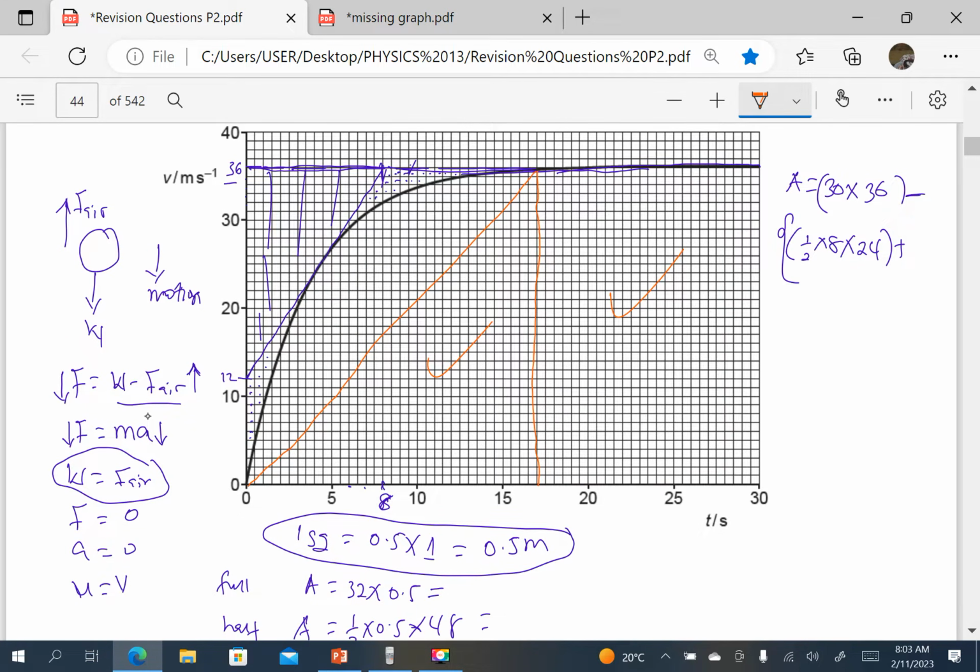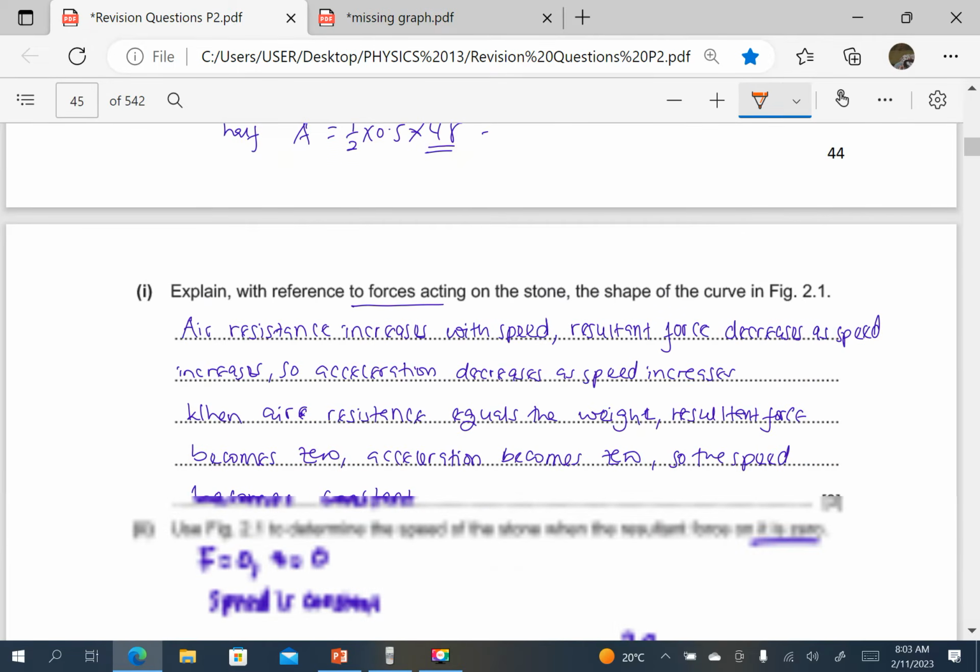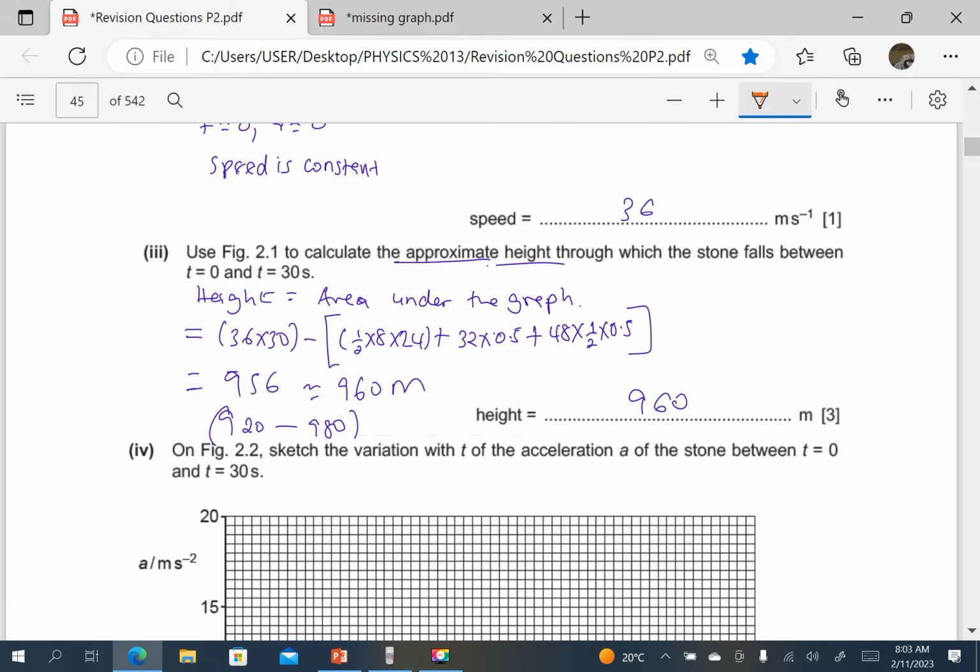Now you remain with this shape here, where you have to count the squares and multiply by the area of one small square. You count the full squares multiplied by the area of one small square. You count the half squares, then multiply by the area of one full square divided by 2. Then you sum up. You will be able to get a value which is very close to mine. That is approximately 960 meters. Okay.